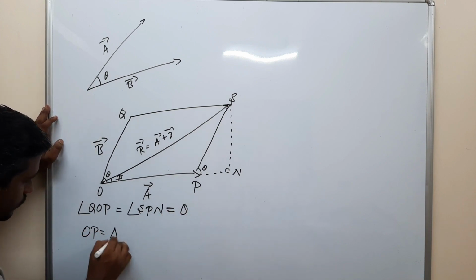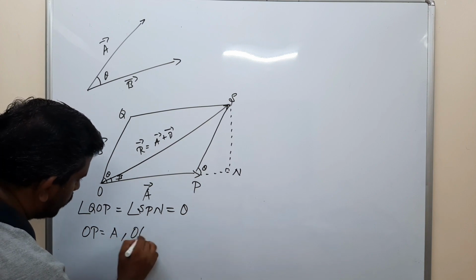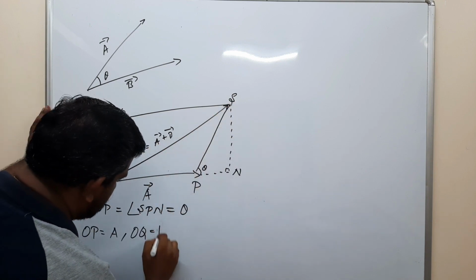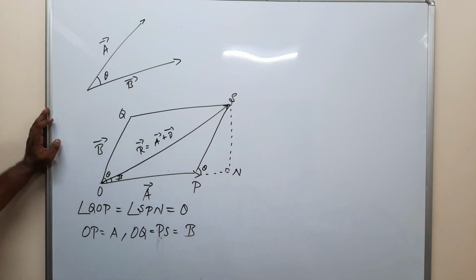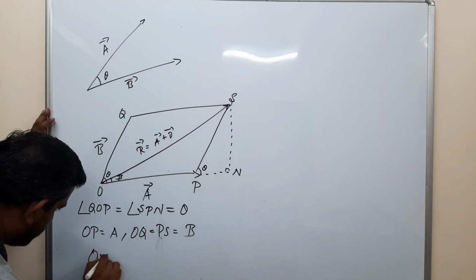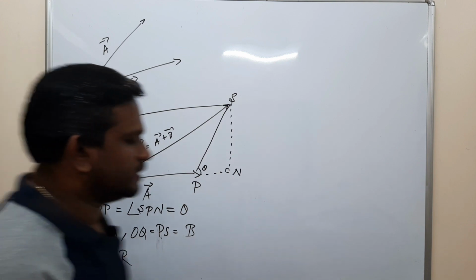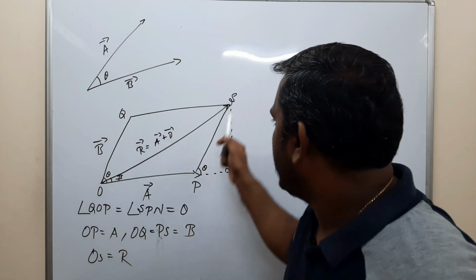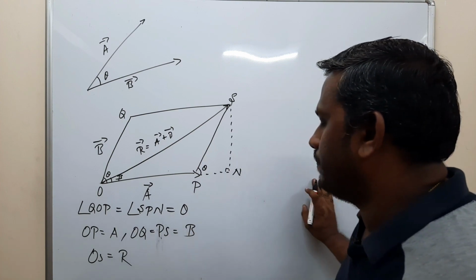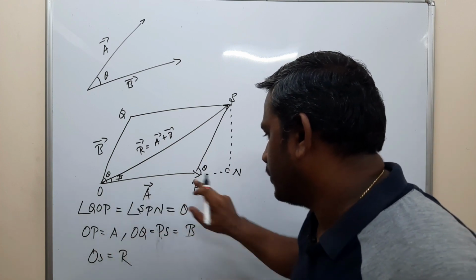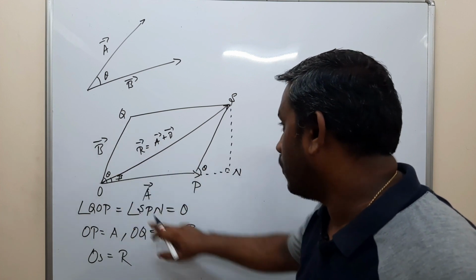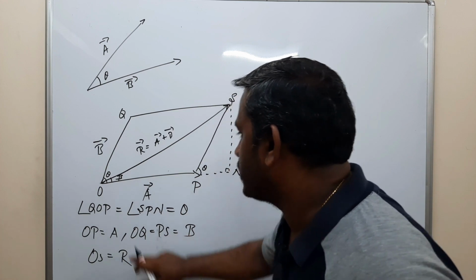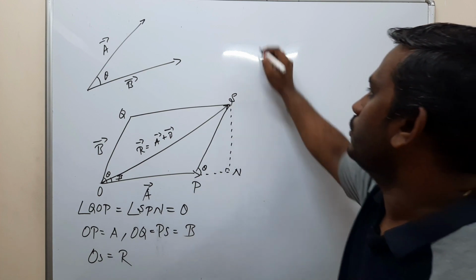OP is equal to A, OQ is equal to PS, that is B, and OS is equal to R.